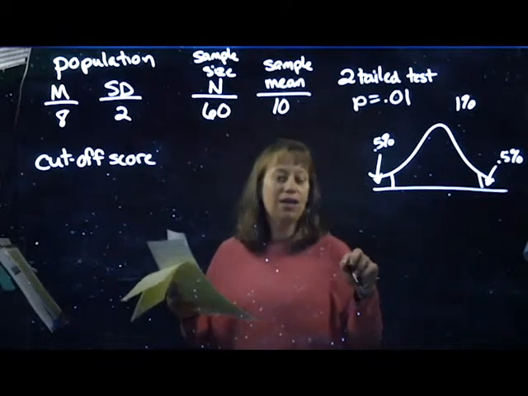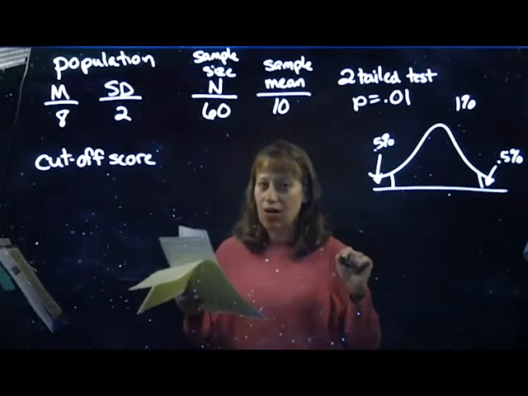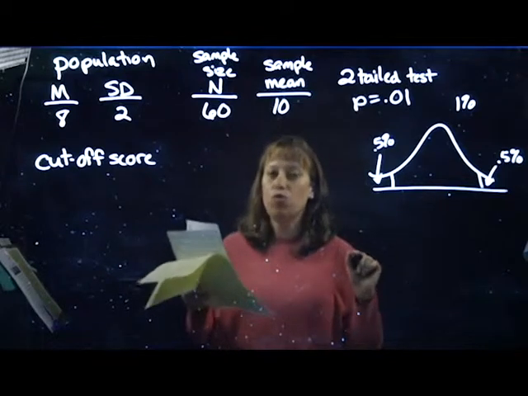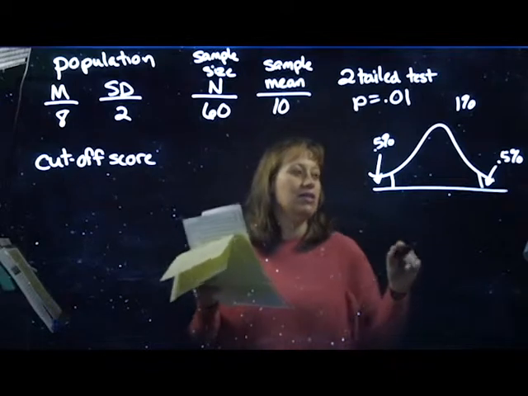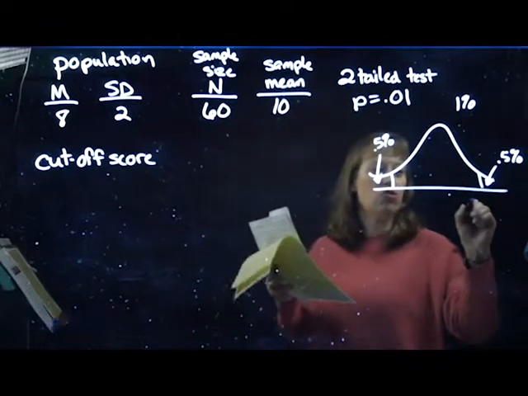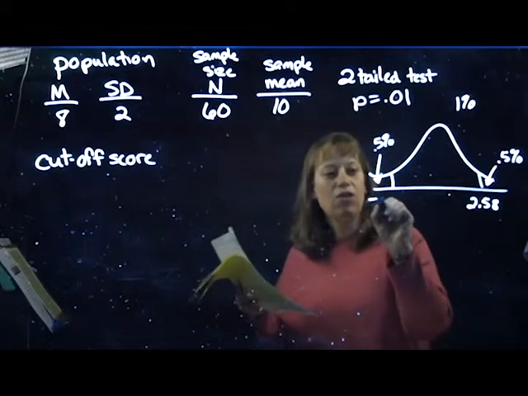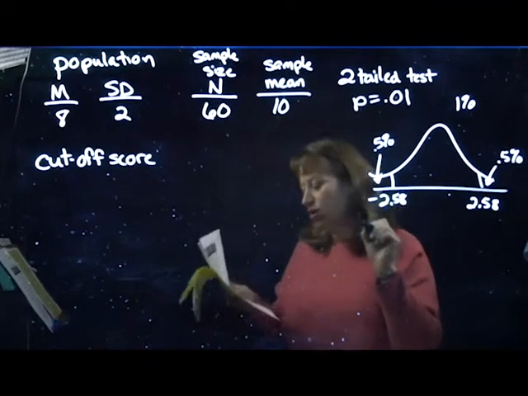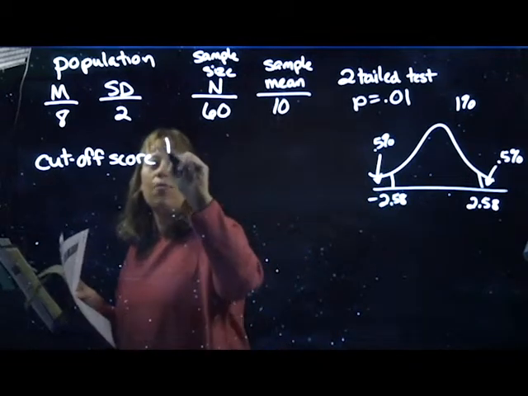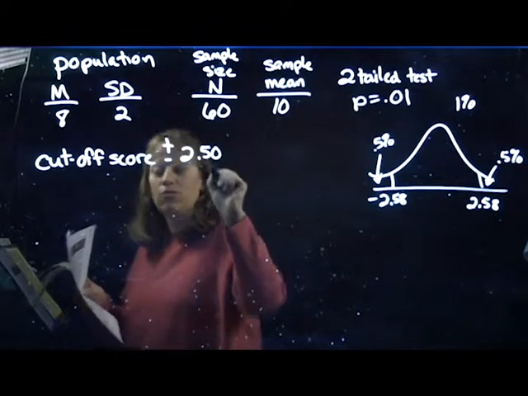The reason is that it gives us a slightly higher cutoff value, which is the more conservative thing to do. So our cutoff scores are a positive 2.58 and a negative 2.58.